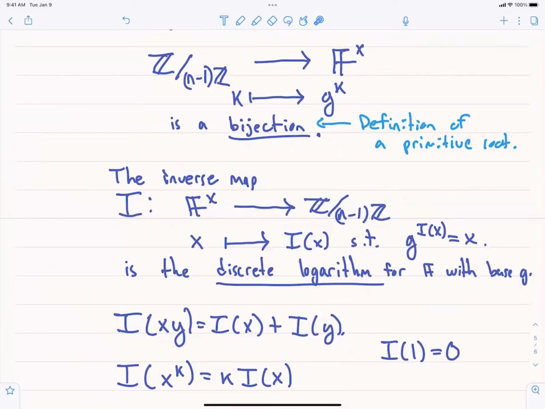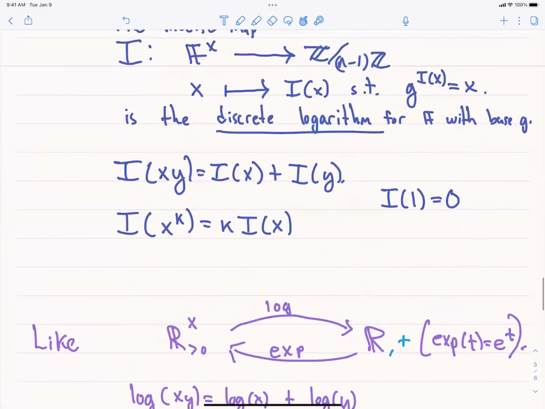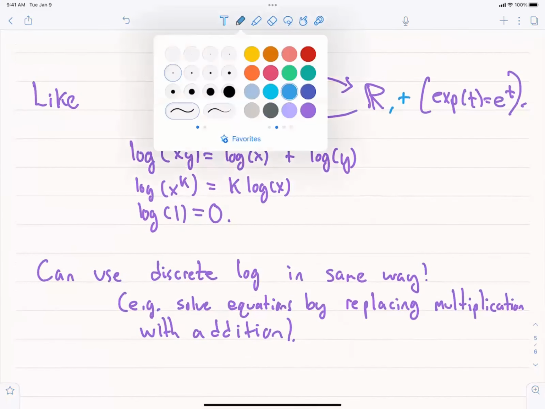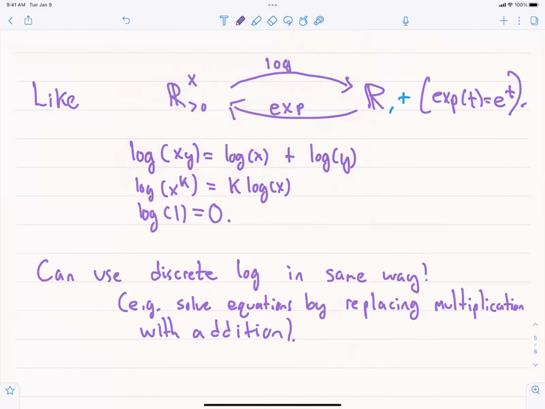The reason Diffie-Hellman is still a secure thing to use is because it's very difficult to compute this inverse map. The only way to do it really is just to write out all of the powers of g. And that's not very efficient when you're working in a very large finite field. It's not like the real numbers where you don't need to compute the logarithm of everything or the exponential of everything to compute the log of one thing.